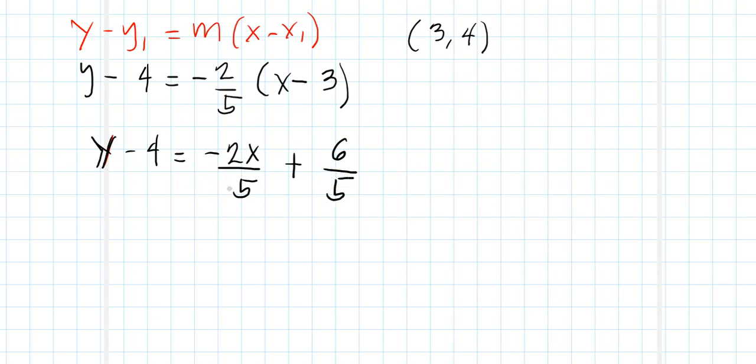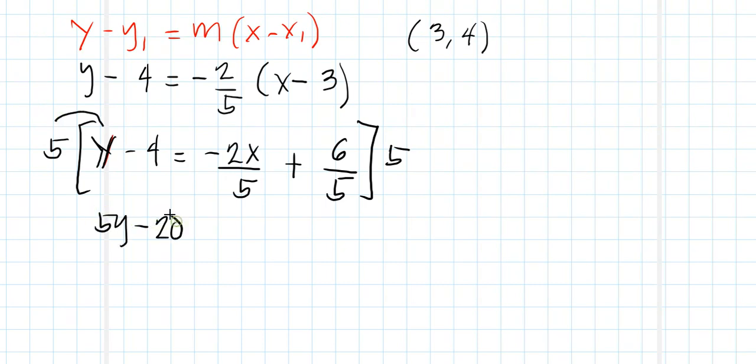Since we have 5 here, we multiply both sides by 5. So 5y minus 20 equals negative 2x plus 6.